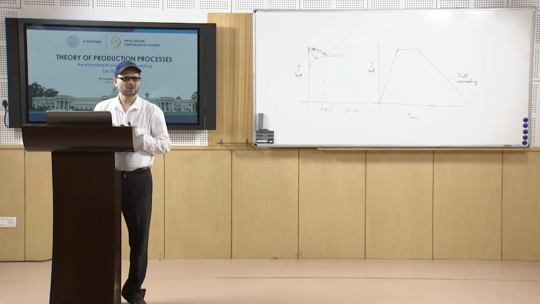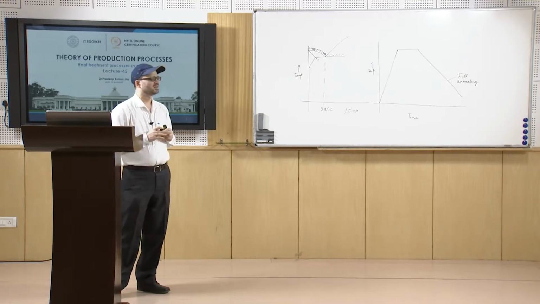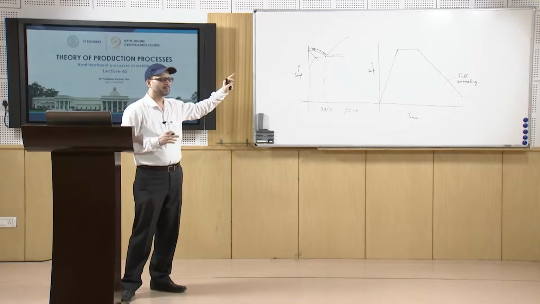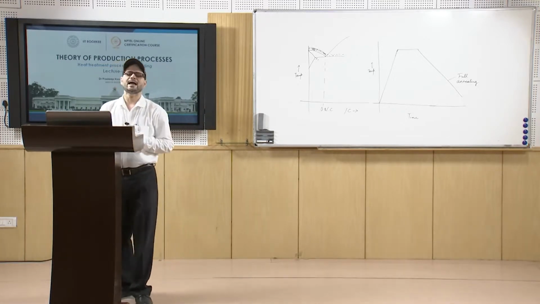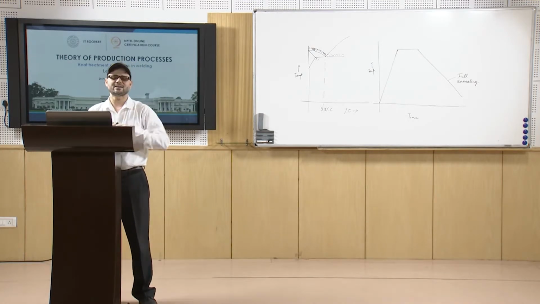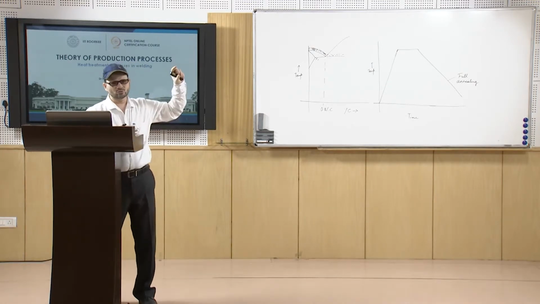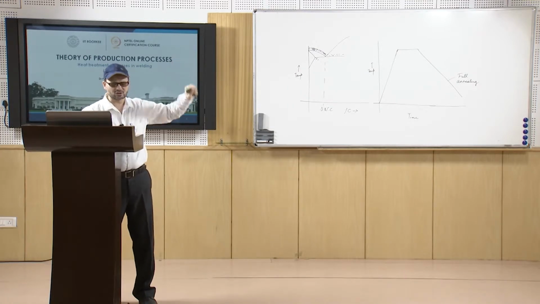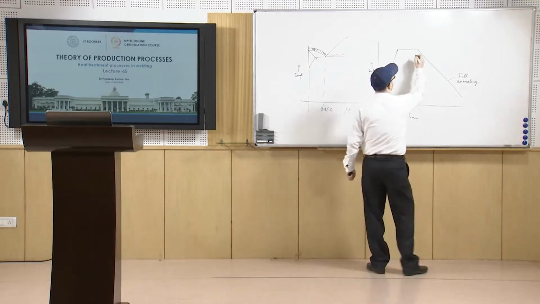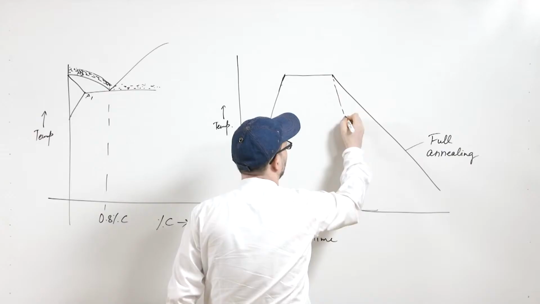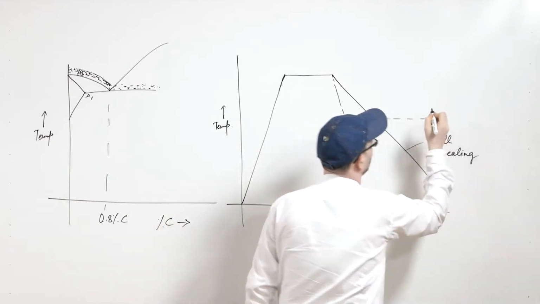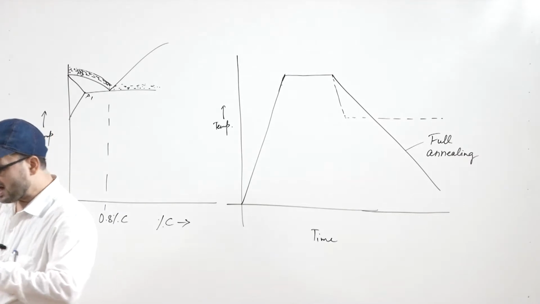Now, another way we give the annealing is isothermal annealing. In isothermal annealing, after heating and holding, you have a salt bath maintained at a certain temperature, and you are just dipping this into the bath and holding this for a large time.